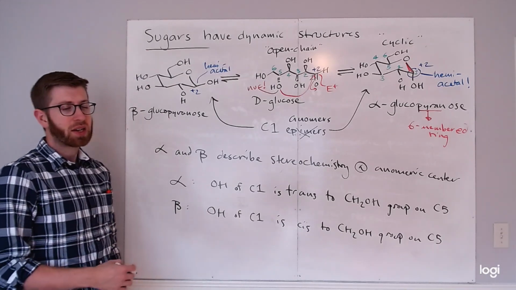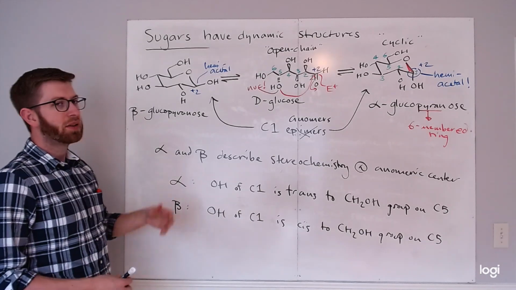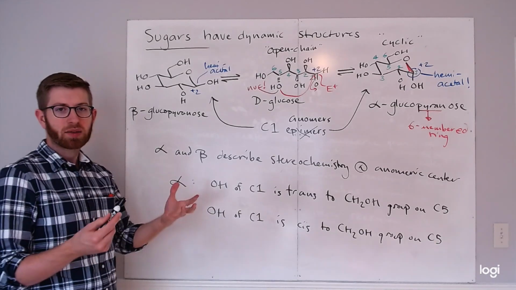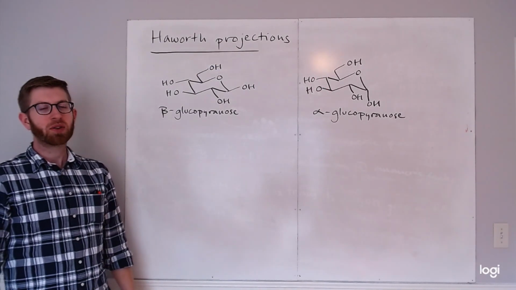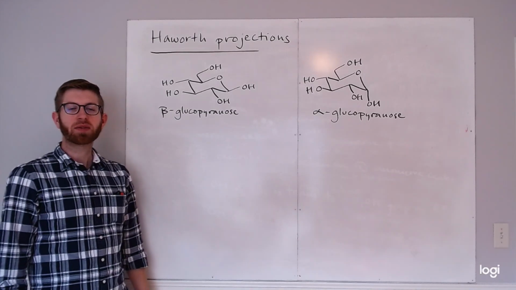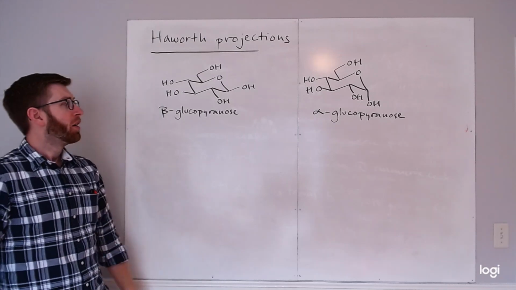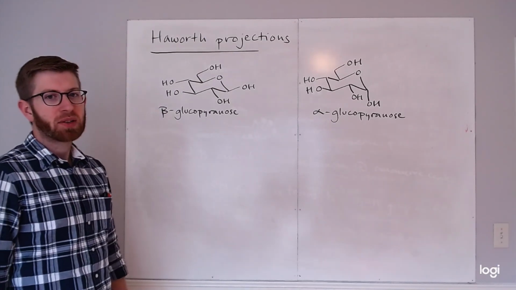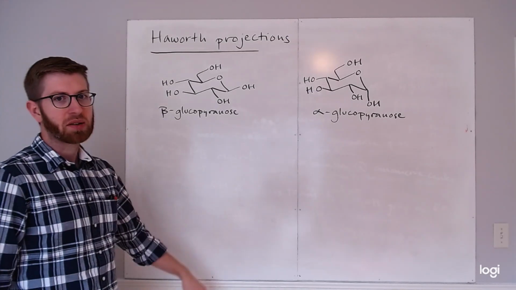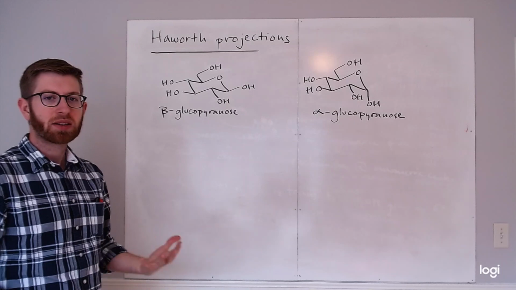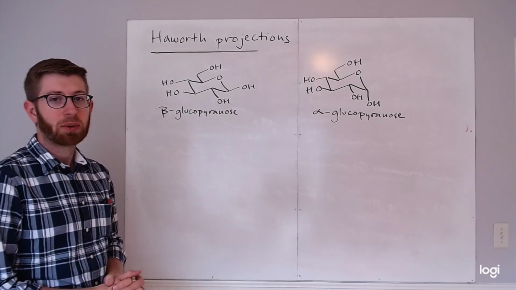Okay, so in the next section of this video, we'll be discussing another representational form for how we can draw these cyclic structures without having to draw nice chairs. If you're like most biochemists, you don't necessarily like drawing chair conformations of six-membered rings, although I don't think it's that bad. Biochemists have developed a slightly stylized and simplified version of these cyclic drawings to communicate stereochemistry and connectivity in pyranose structures, as well as other kinds of cyclic sugars that we'll see a little bit later in this video.